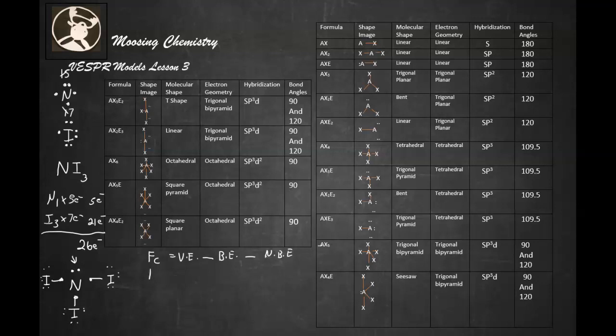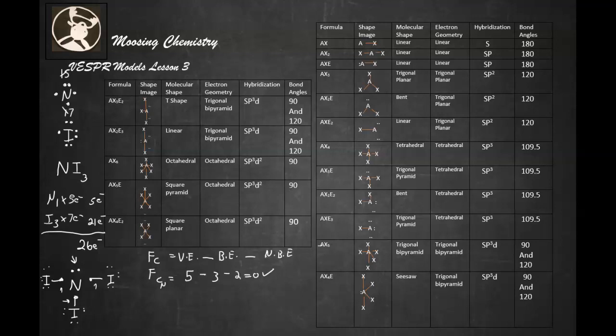So the formal charge for nitrogen will be: nitrogen comes in with 5 valence electrons. 3 of them are bonded. You can see these little bonds right here to the I's. Okay, so you have 3 there. And you have your unshared pair, of course, minus 2. That will give me 0.